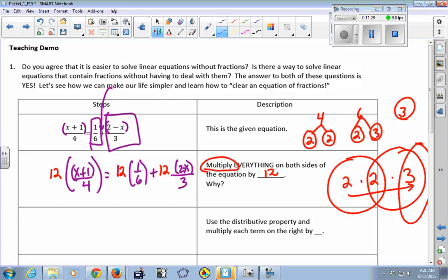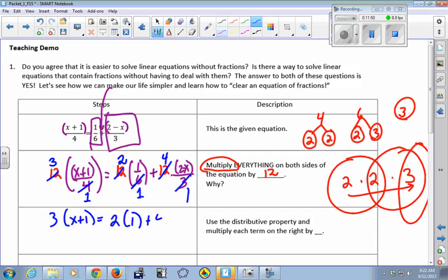It doesn't matter. This 4 is a factor of 12. That's why you chose 12. So you have 3 times x plus 1. This 6, cool, cancels into this 12, and that leaves you with a 2. And this 3 here cancels into this 12 and gives you a 4.